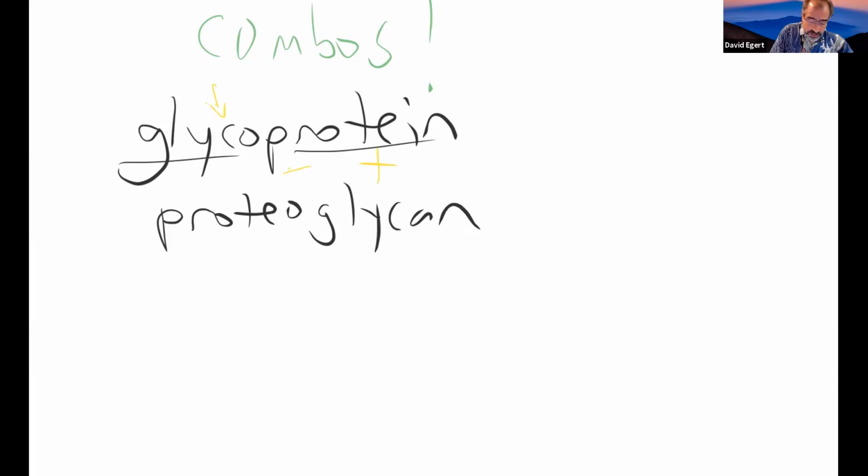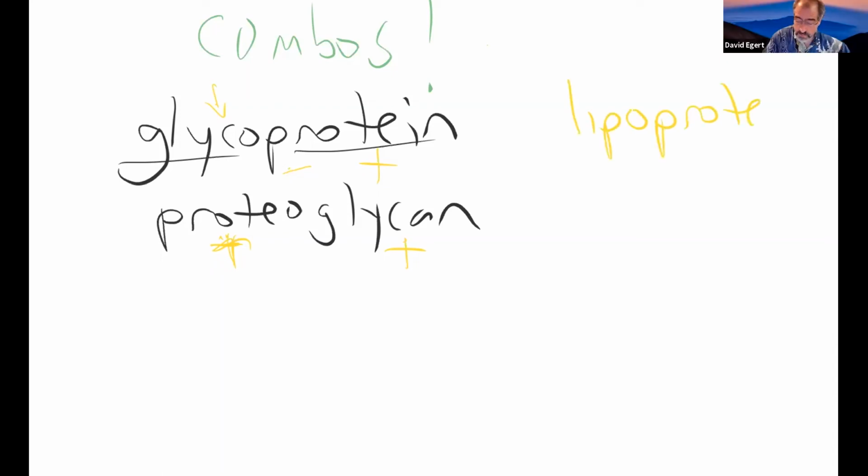A proteoglycan is more of a sugar with a few of these peptide groups attached onto it. What do we call it if you connect lipid groups onto a protein? Lipoprotein? We get lipoproteins.